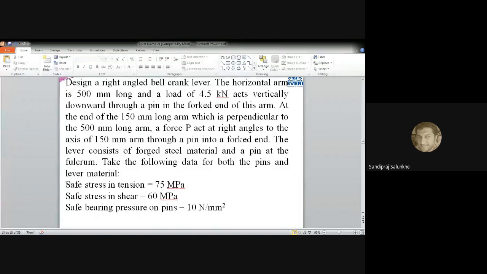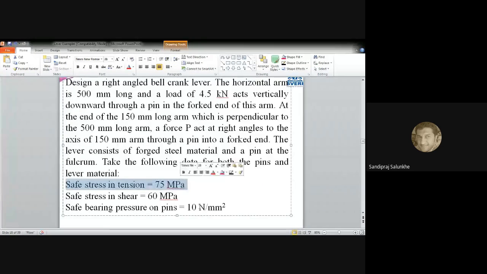See here, the shaft tensile stress is 75 megapascal. What will be the bending stress then? 75, sir.